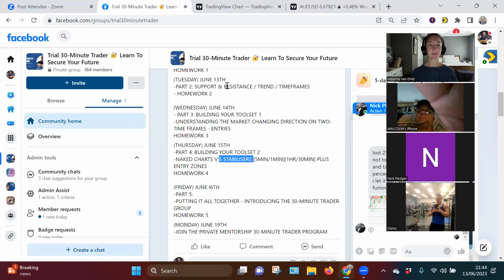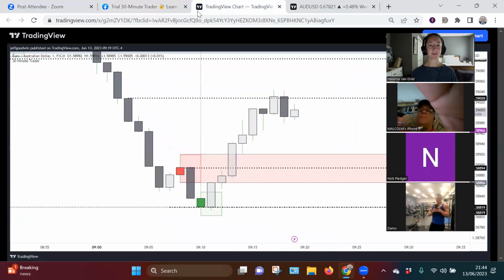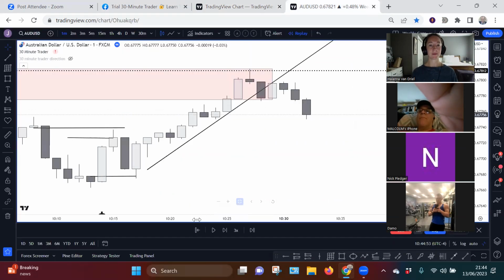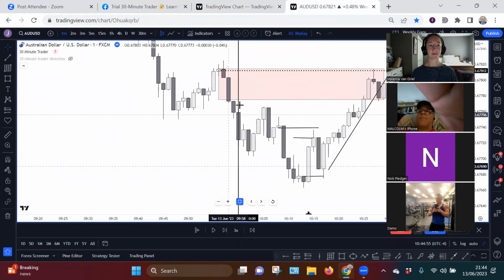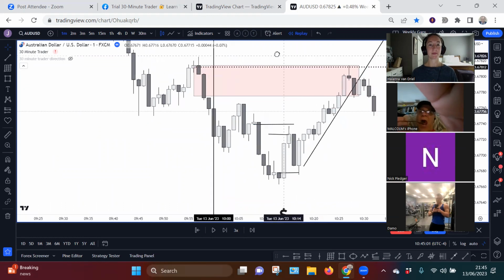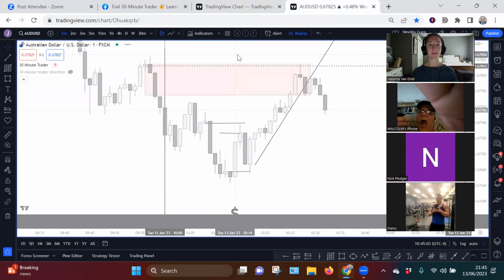We looked at timeframes. Support and resistance will come to you in a roundabout way, which was using this before, right at the start. You could say support and resistance is your previous high, but I'm giving you more detail in the candles rather than just the support and resistance.